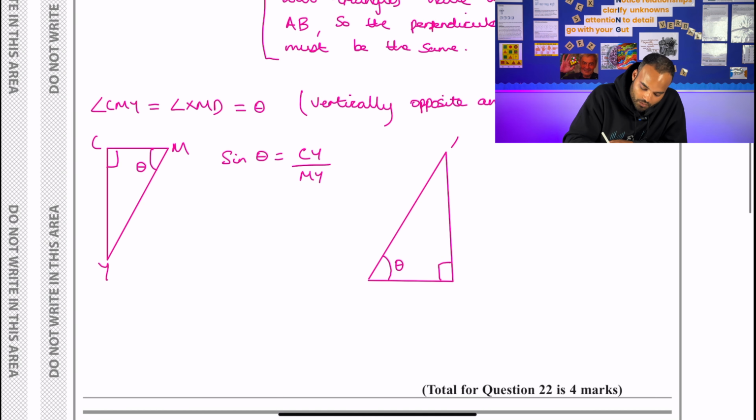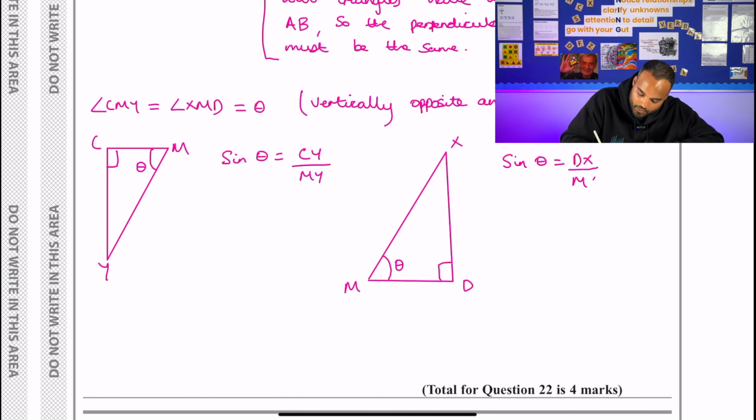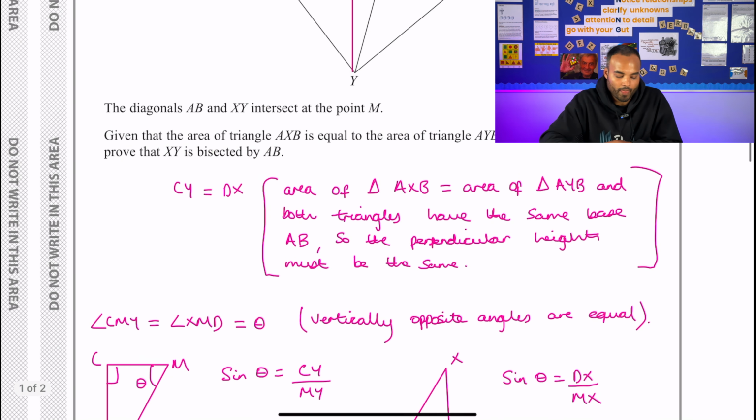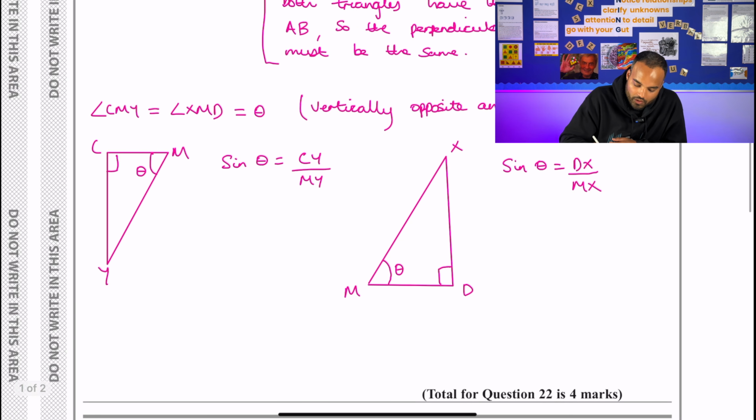So this was point X, this was point D, and this was point M. In this triangle, if I work out the sine of that angle theta, remember it's the ratio of the opposite side to the hypotenuse. So opposite that, we have DX, and the hypotenuse is MX, or you can say XM if you want.